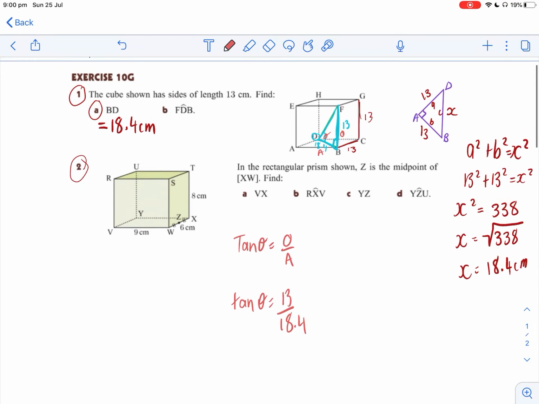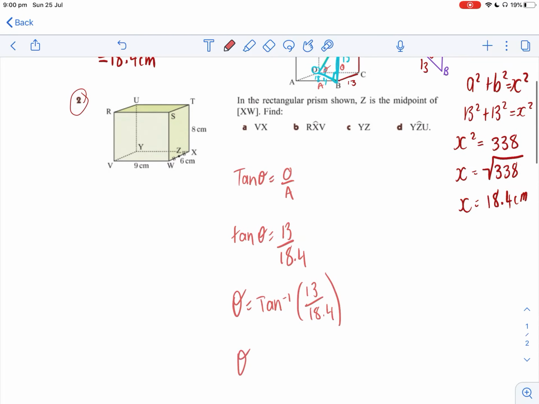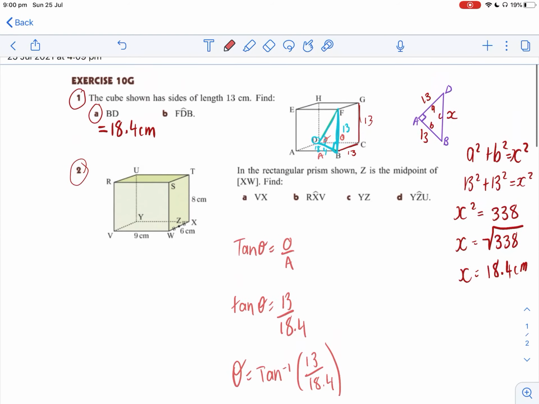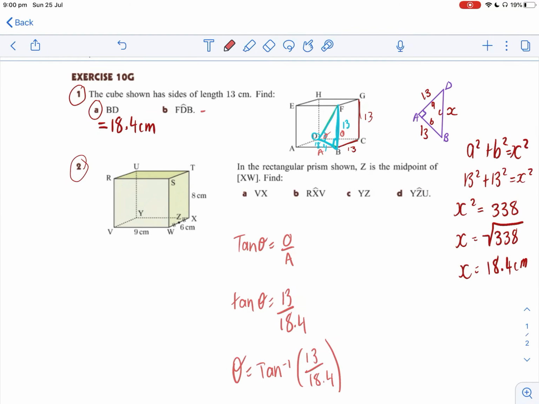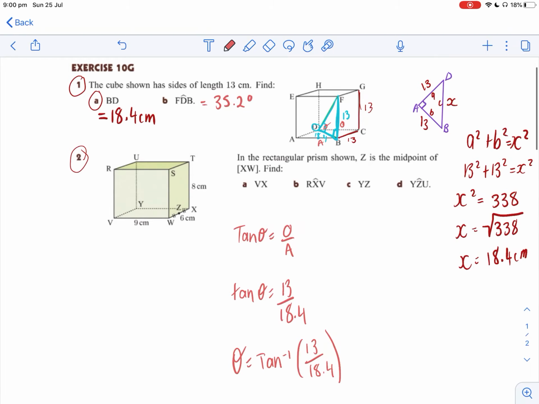Then I'm going to do the inverse of tan, so theta is tan to the minus 1 of 13 over 18.4, which comes out as theta is approximately 35.2 degrees. So that's all of question 1 solved. So this one was 35.2 degrees. So you can now use this example to have a go at question 2A and 2B.